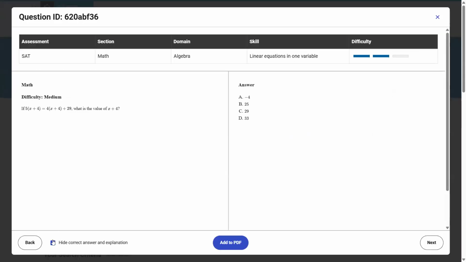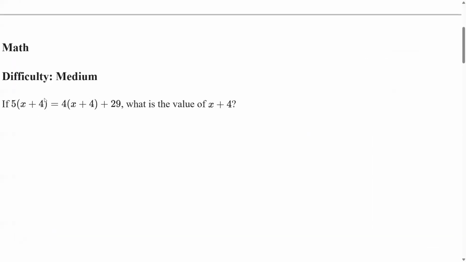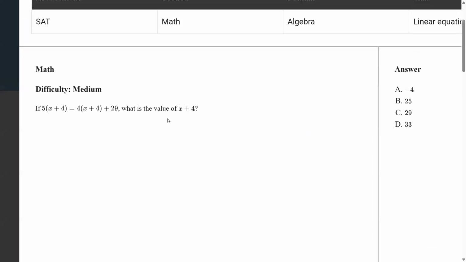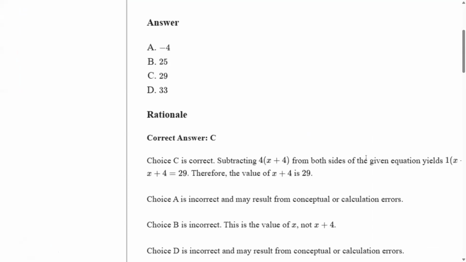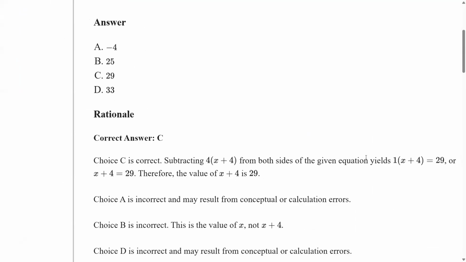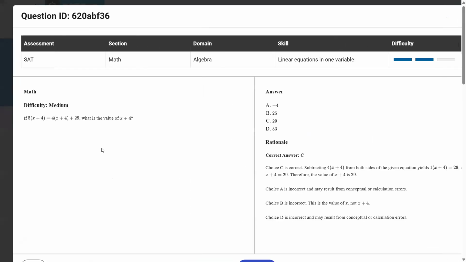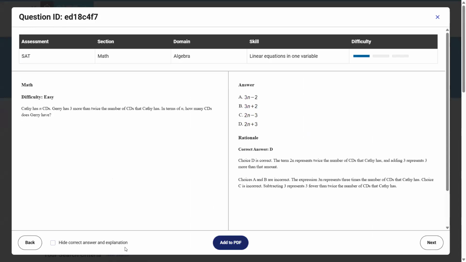Oh, sorry, so I solved for x and it wants x plus 4, so the answer is 29.